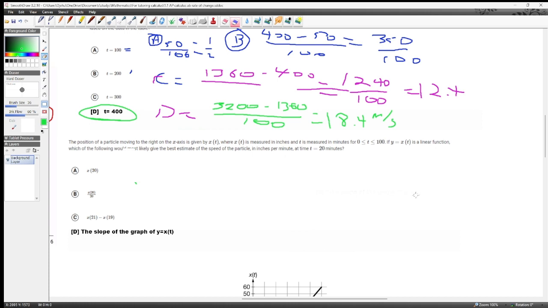For t between 0 and 100, if y equals x of t is a linear function, which of the following would most likely give you the best example of the speed of the particle in inches per minute at time t equals 20?